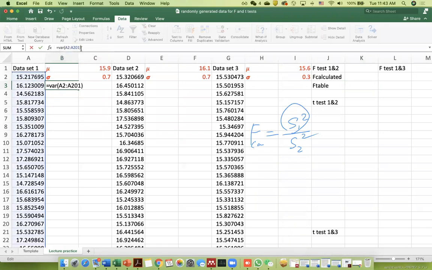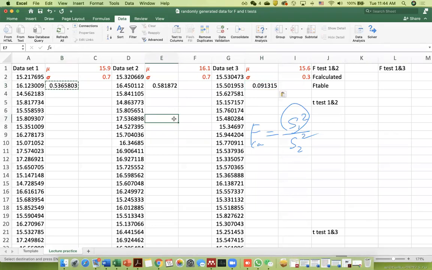This is for 1, and for 2 it will be the same thing. You can copy and paste the function directly. This is the variance, and we probably also want the mean, so I put X bar here, which will be the average.